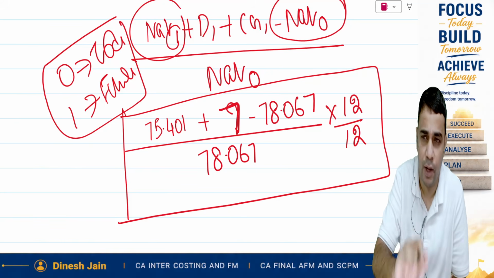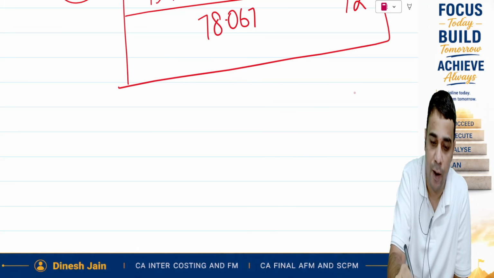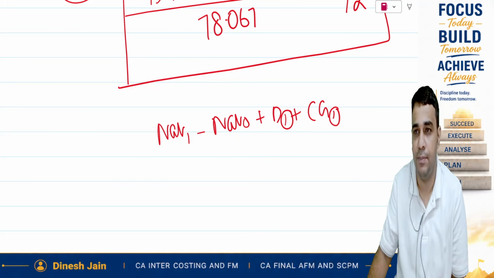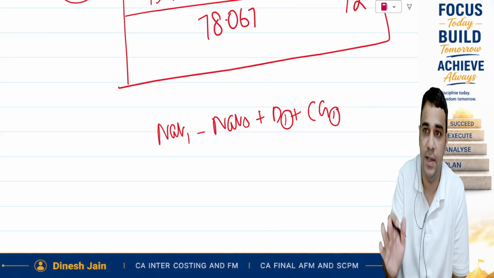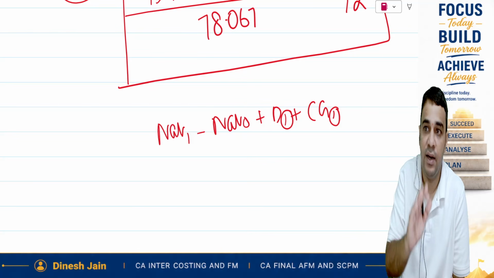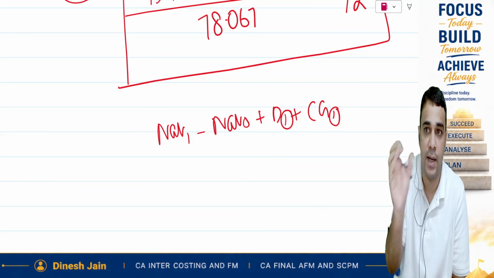Okay, so there is a doubt from the live online participants, I'll also tell you the doubt. See, the basic formula is NAV1 minus NAV0 plus D1 plus CG1. D1 and CG1 technically don't mean 1 year alone. NAV1 means closing, NAV0 is opening, and D1 and CG1 are for the period of closing minus opening.